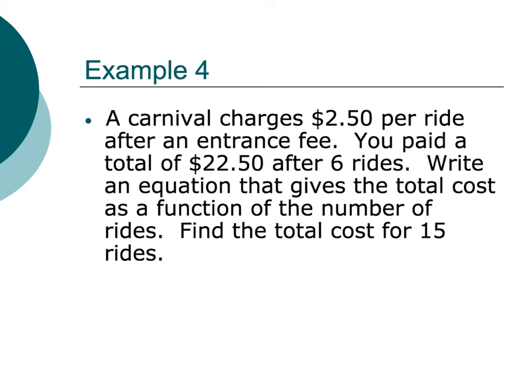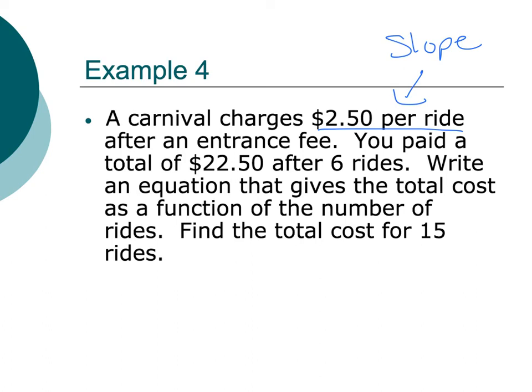Last one, a word problem, just trying to put it all together. Okay? So, looking at what we have, a carnival charges $2.50 per ride. When you see the word per, that's going to lead you pretty much to your slope. That word per is a pretty good idea that you're close to your slope.